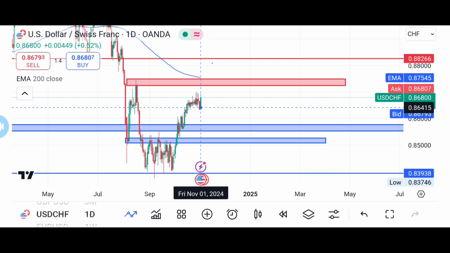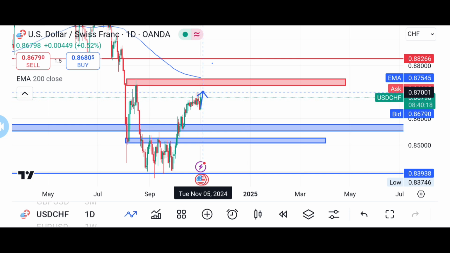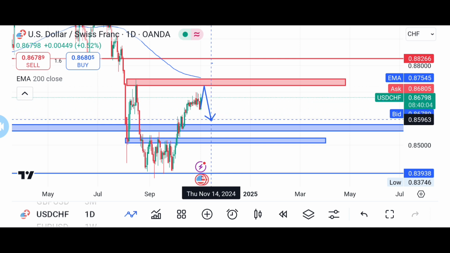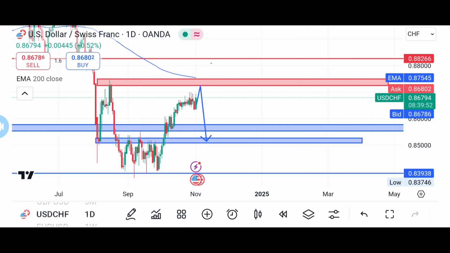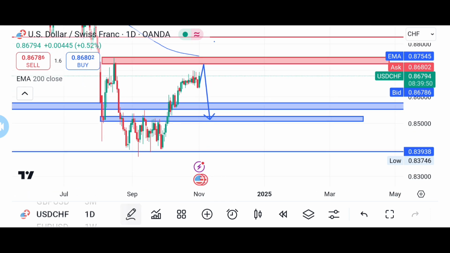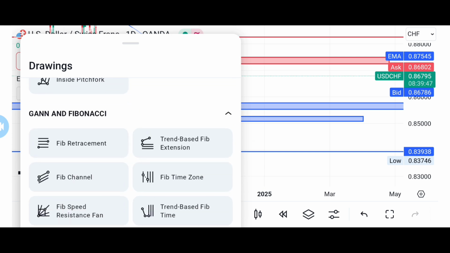If buyers continue to buy up to this zone and find some resistance, then we expect the price to be pushed down below here as TP1 and down below here as TP2, and then we shall close that trade. Why? Because I can see a possibility of forming an inverse head and shoulders at this region.